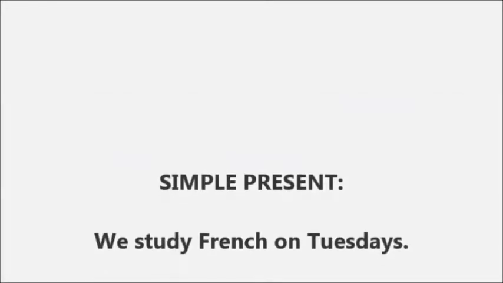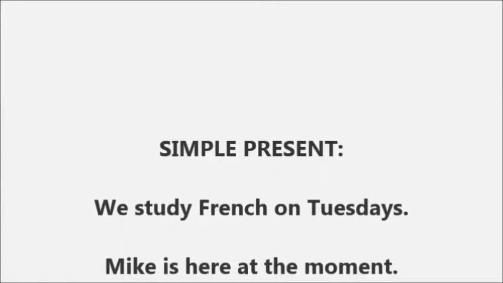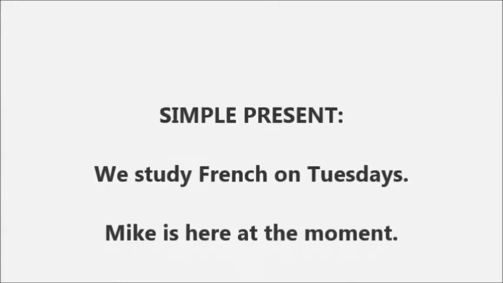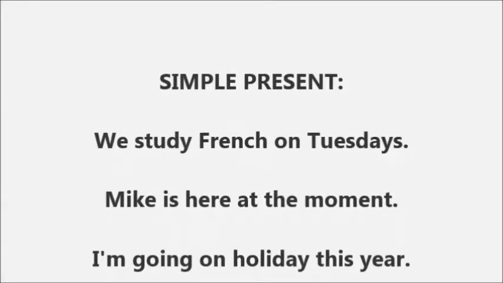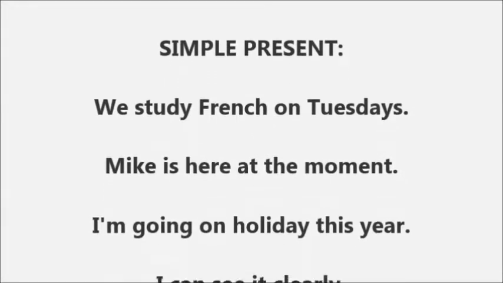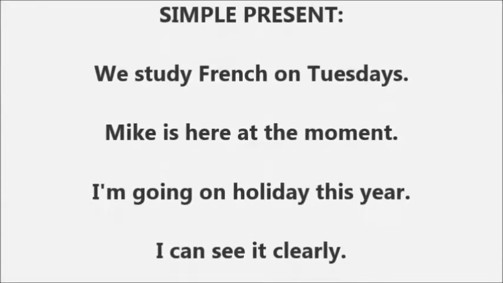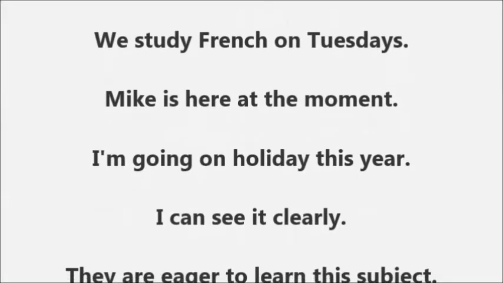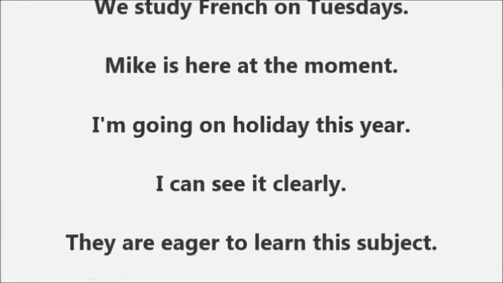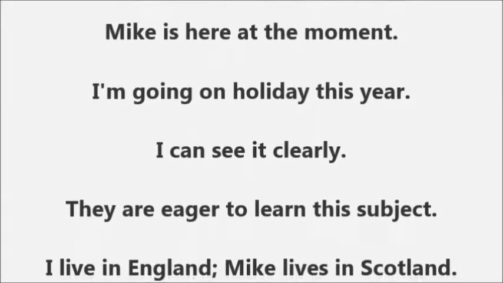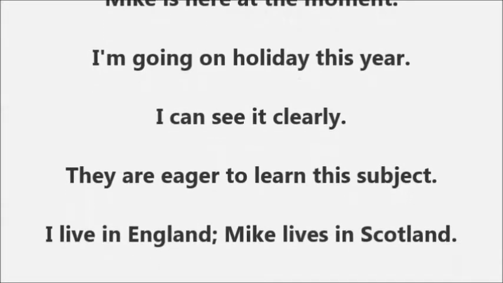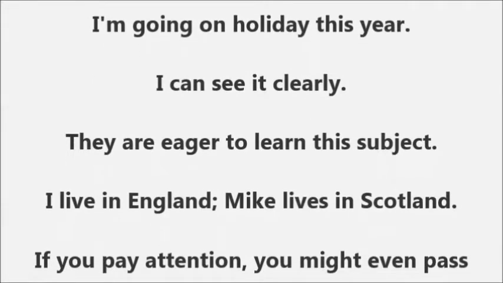We study French on Tuesdays. Mike is here at the moment. I'm going on holiday this year. I can see it clearly. They are eager to learn this subject. I live in England. Mike lives in Scotland. An example there of a compound sentence.